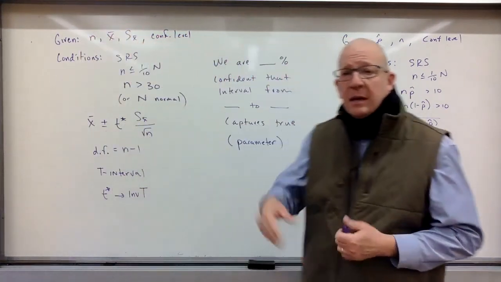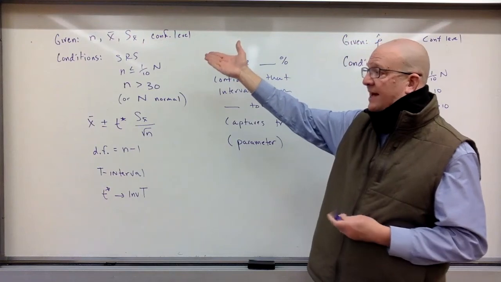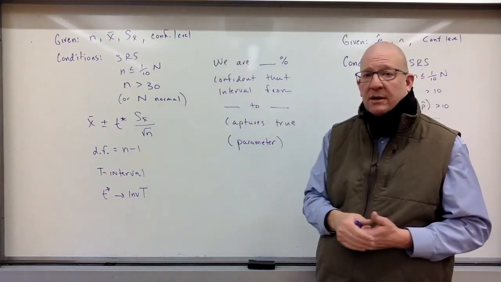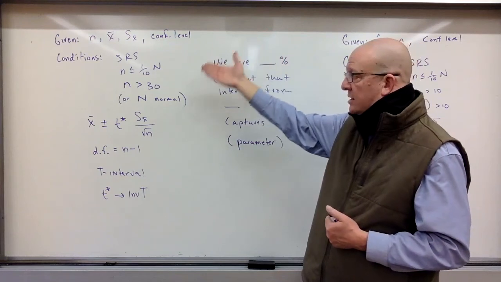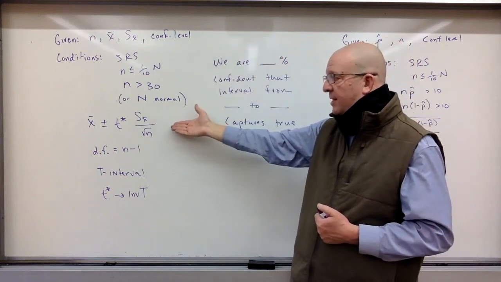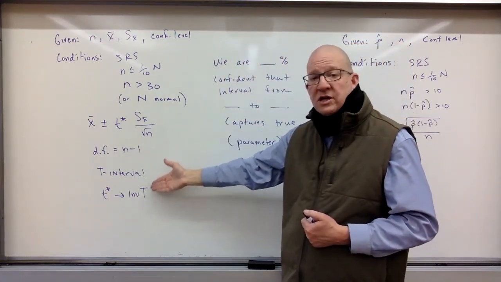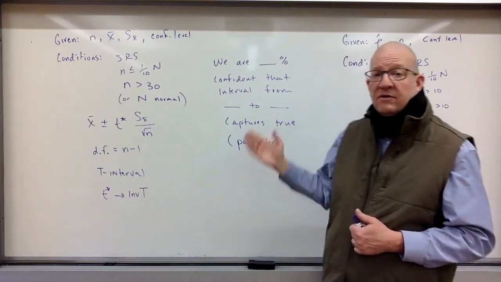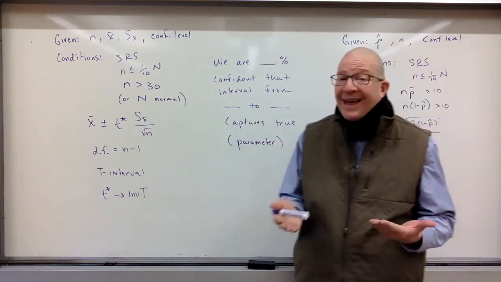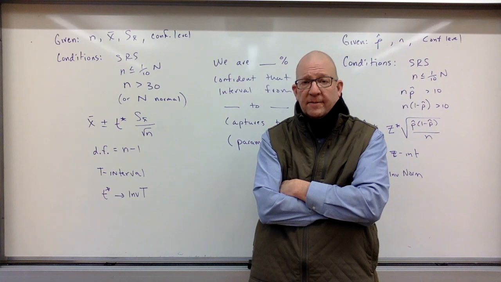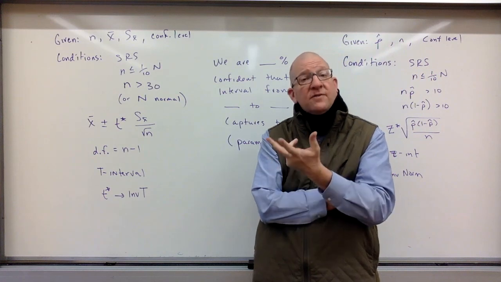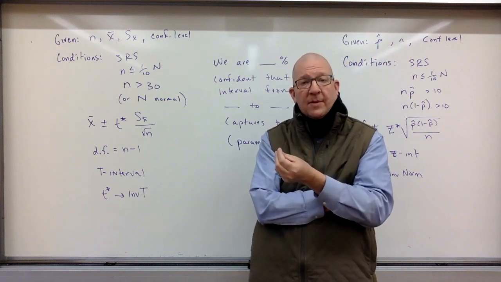For a sample mean, we're given the sample size, the mean, standard deviation, and the confidence level. We check our conditions, set up our formula, and do the t interval to make our conclusion. Everything is very similar, okay? Very similar. All right, and in the next video, we'll work through an example.